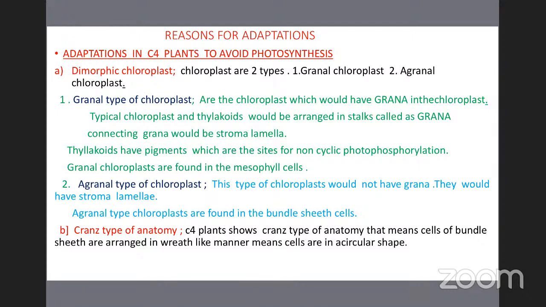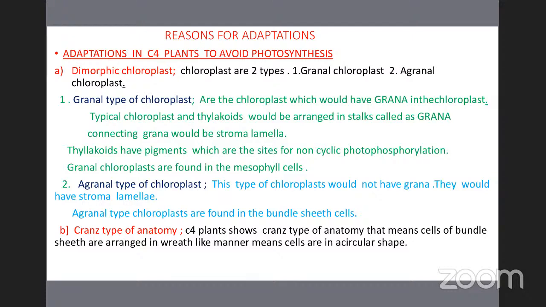The granal chloroplast has grana, meaning it consists of thylakoids arranged in stacks called grana, and the grana are connected by stroma lamellae. That is, the granal type of chloroplast is similar to the normal chloroplast.